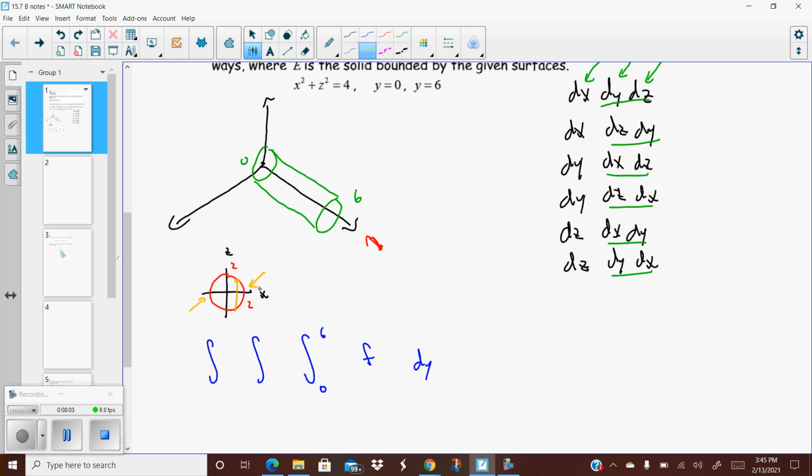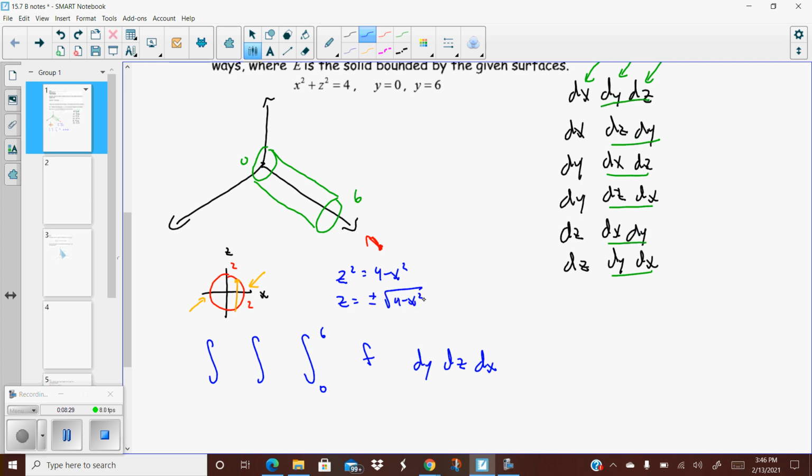So that means that z is going to come first. So it would be dz, and then dx. So z is going to vary from the bottom of the circle to the top of the circle. So let's see. If we solve that for z, you would get that z squared equals 4 minus x squared, or z is going to be the plus or minus square root of 4 minus x squared.